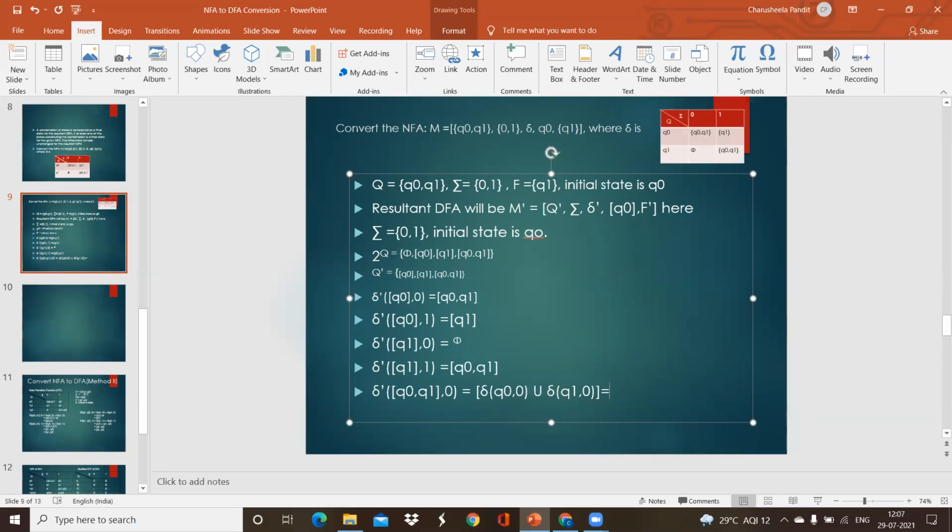To find this answer, you have to take the help of the state transition function of NFA. From this table, you can see that Q0 on 0 is Q0 Q1, union Q1 on 0 is phi.